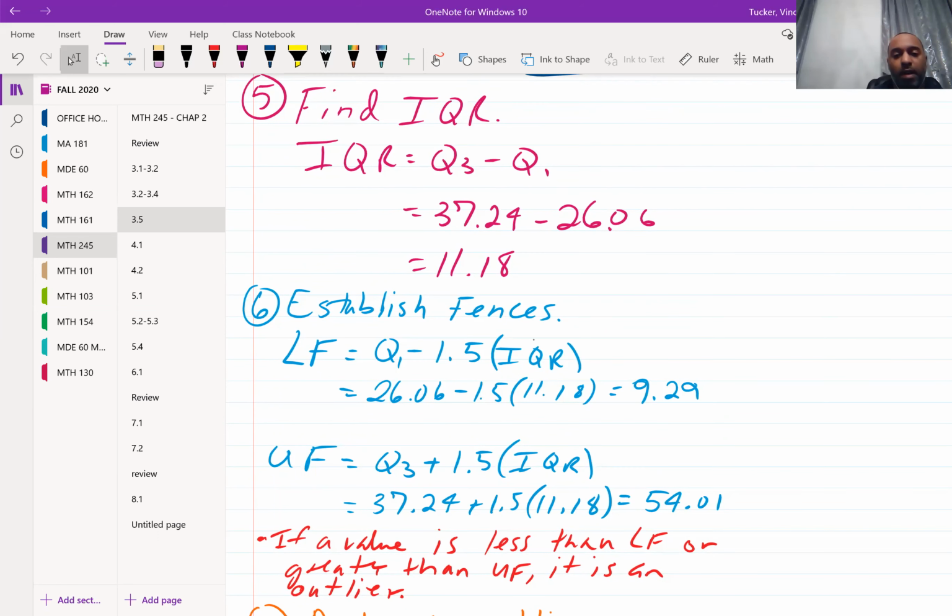Q3 plus 1.5 times your IQR is your upper fence, 54.01. Wow. All right, and once again in red, just reminding us what those fences do for us. If a value is less than the lower fence or greater than the upper fence, it is an outlier.